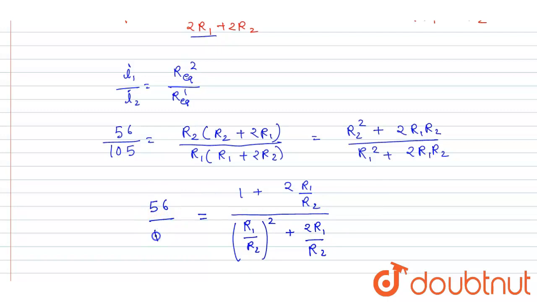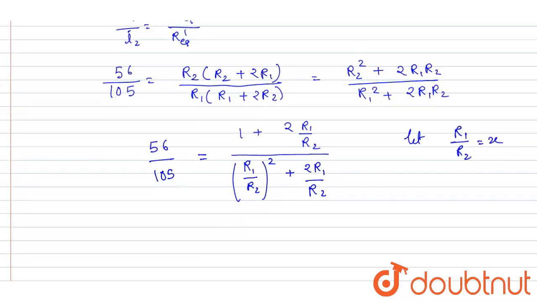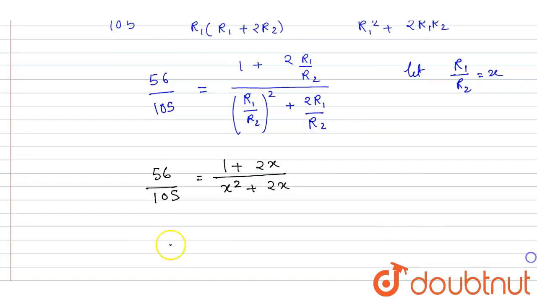So let us take this R1 by R2 as x. Let me write down, R1 by R2 is equal to x. So if I write down 1 plus 2x, x square, this, 56x square plus 105 plus 210x.